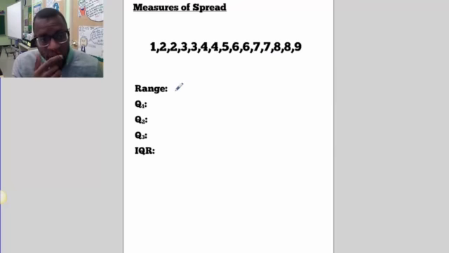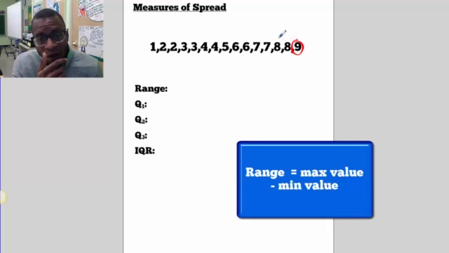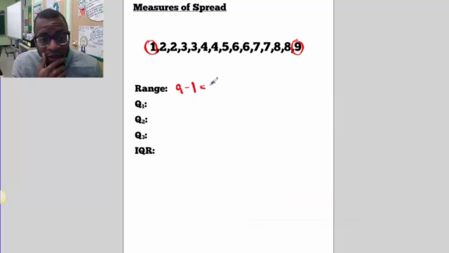Okay, and so the range is simply the greatest value that we have minus our smallest value. So our range is going to be 9 minus 1, which is 8. Okay, now remember I stated that the easiest value to find when we're talking about our quartiles is Q2, because that's simply our median. Okay, so when we find our median, I'm going to choose a different color. Remember, we knock one value off from each end.